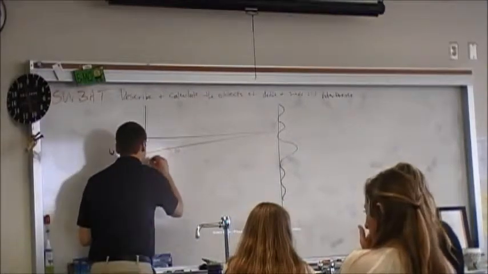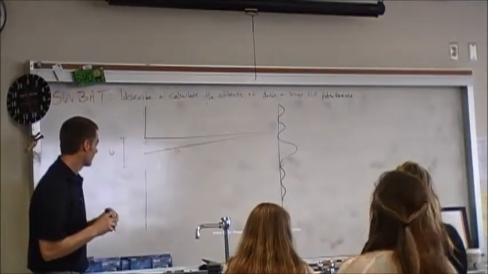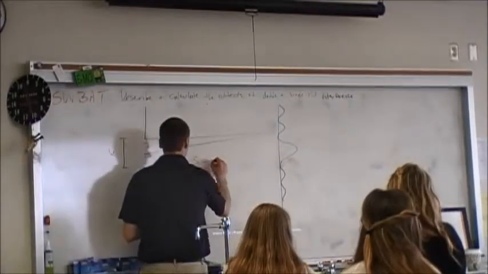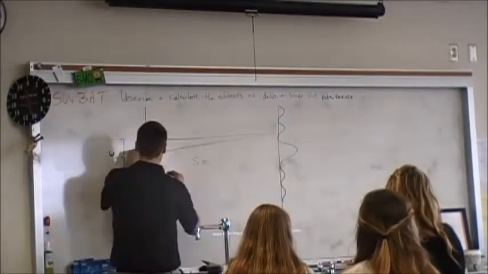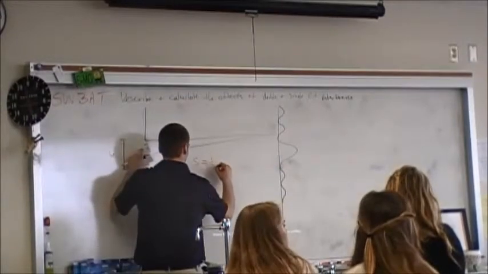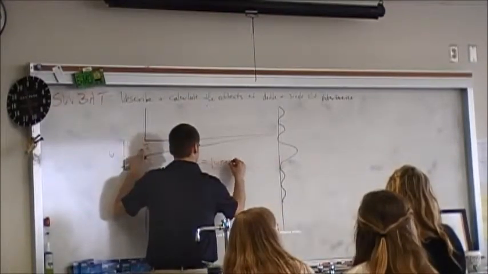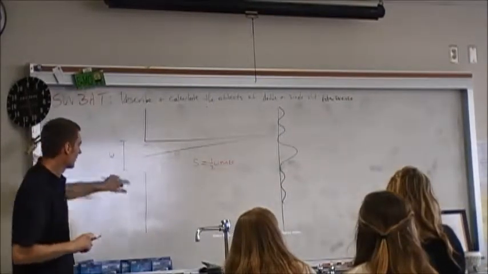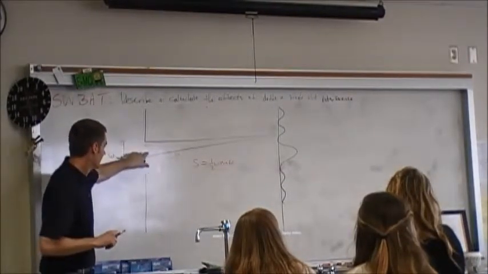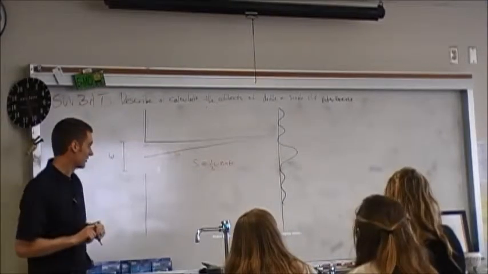We've got this little path length S down here. S is going to be equal to, with our geometry over here, half W sine theta. Here's half W, here's sine theta, so S is equal to half W sine theta.